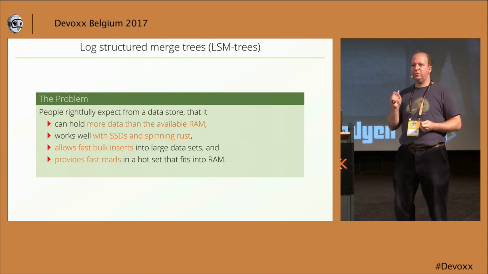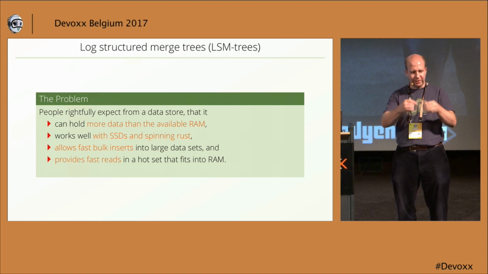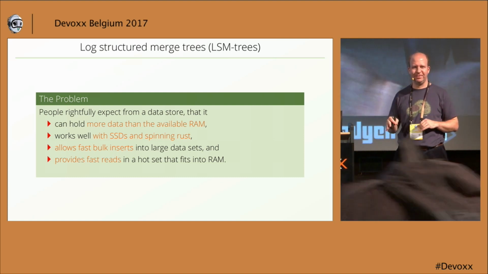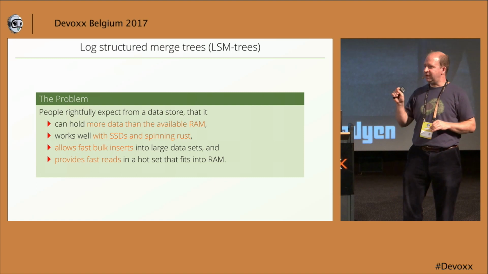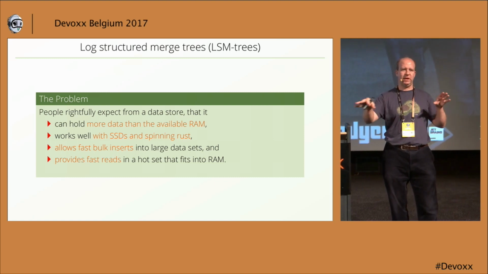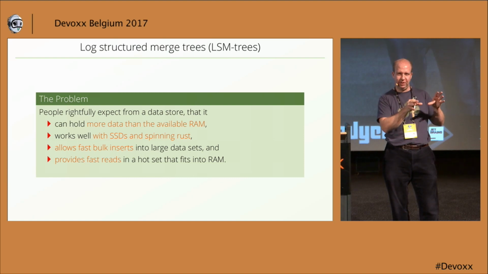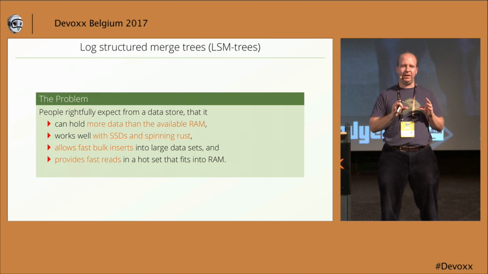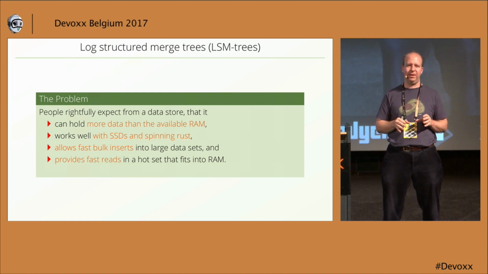But at the same time, you expect that you can write to it in a bulk fashion, essentially as fast as you can write to RAM, because you say, well, the data store sorts it out afterwards and stores it to disk. And you also expect that if you only use, in a reading way, a part of your data which does fit in memory, then you expect the data store to cache things such that accesses are essentially as fast as from RAM.